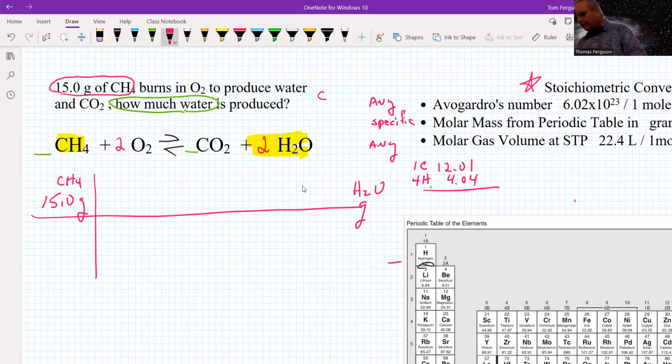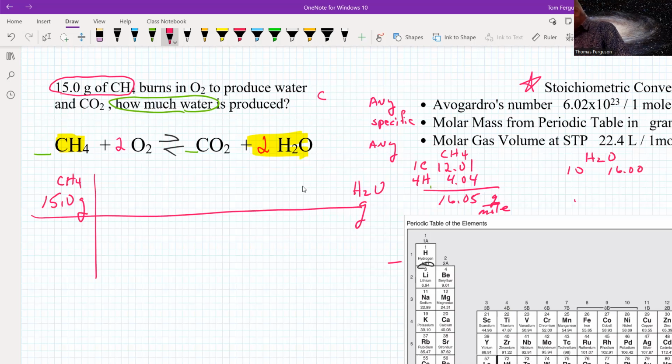Okay, so we're looking at 16.05 grams per mole for CH4. Water, we have one oxygen at 16, and we have two hydrogens at 2.02.